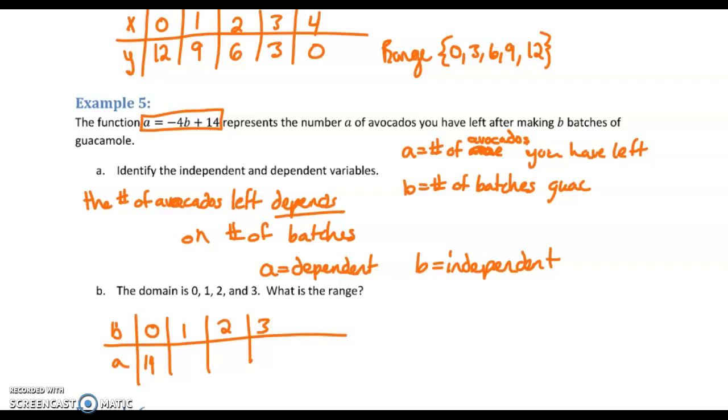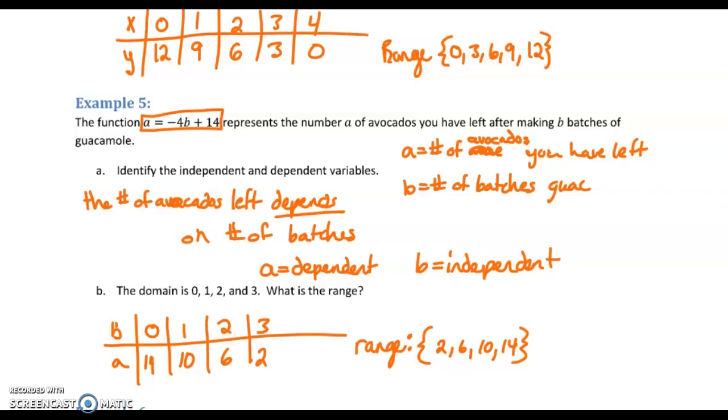Now if we plug in 1, we have 10 avocados. If we plug in 2, then we have 6 avocados. And if we plug in 3, then we would now have 2 avocados remaining. So what would your range be? Your range would be 2, 6, 10, and 14.